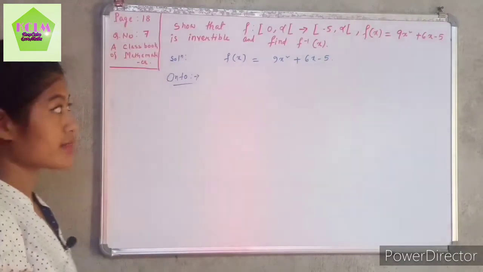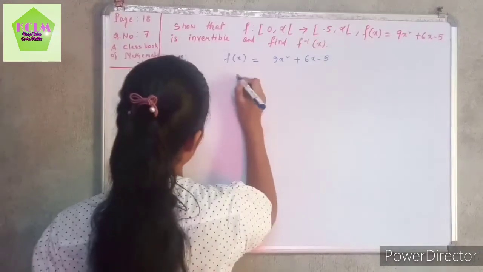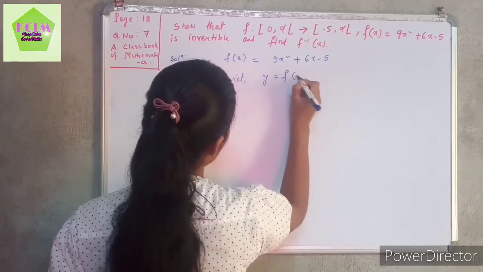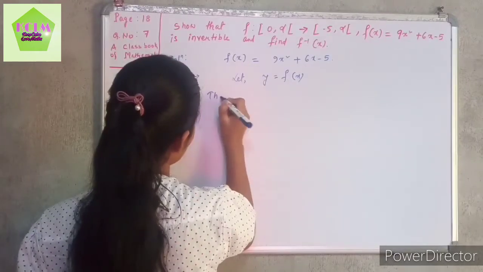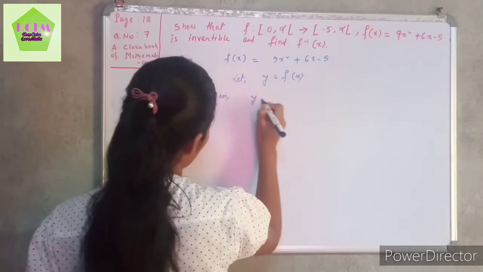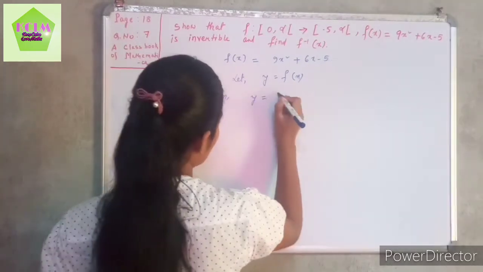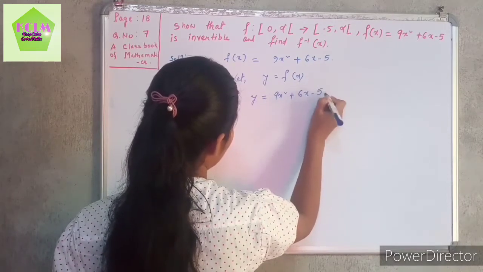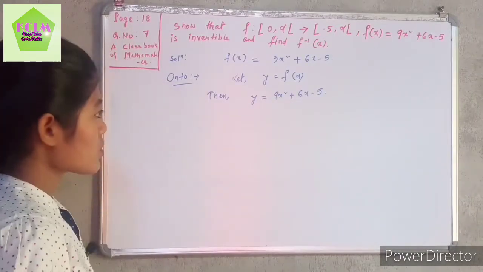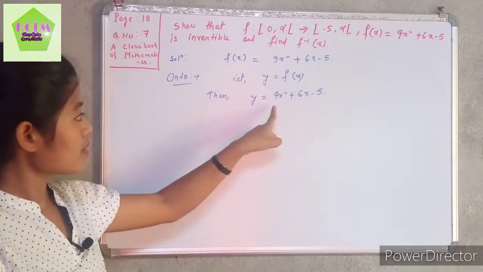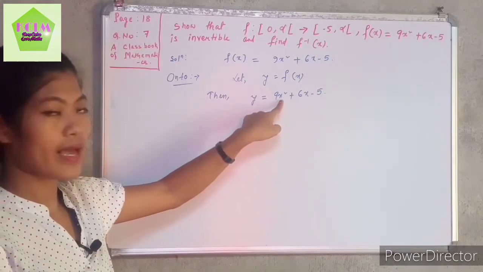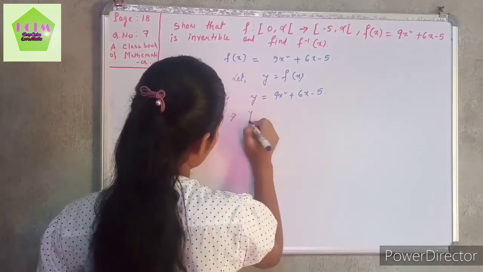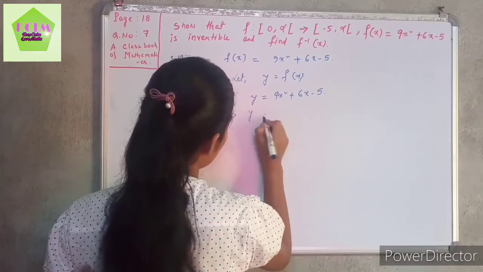let us take y equal f of x. Then y will be equal to 9x squared plus 6x minus 5. So I will here express x in terms of y. First of all, we simplify this expression.